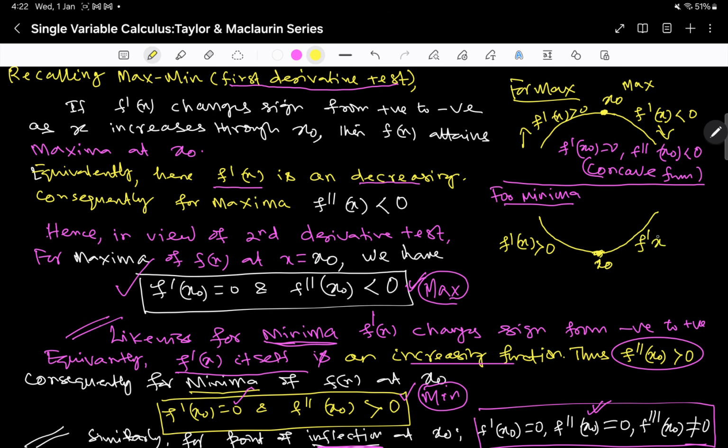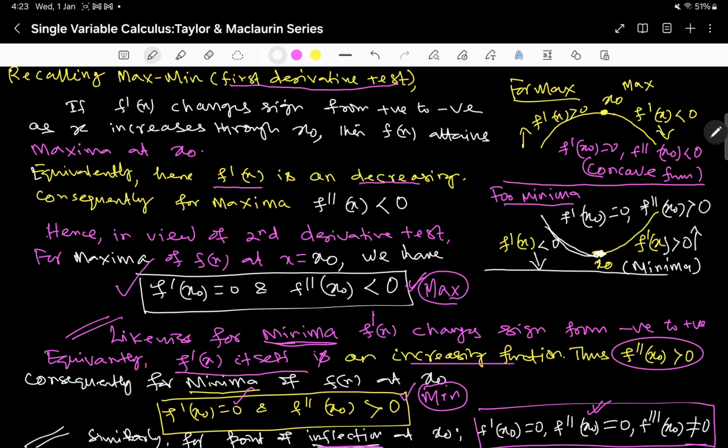So in the left neighborhood f dash x is negative, and suddenly at x0 it starts increasing. So at this point it attains minima. So here f dash x0 is equal to 0 and f double dash x0 is positive. This is for your minima.